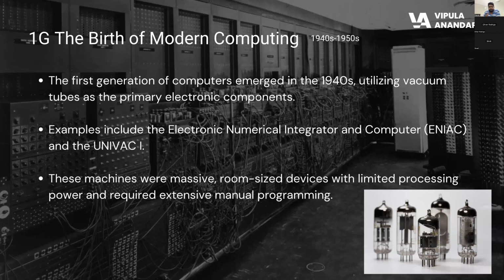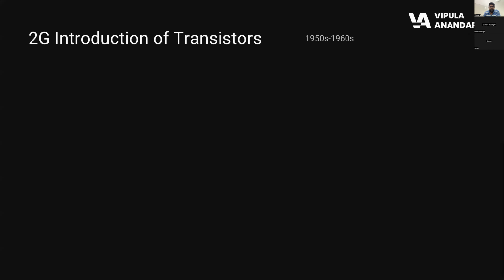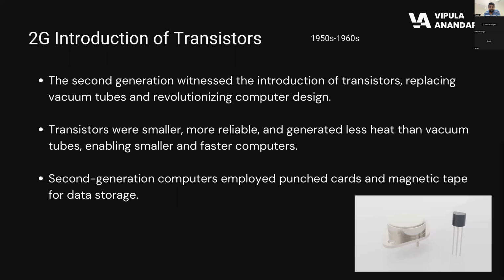You were able to select a set of conditions, and when you run the conditions, it will automatically process it and give you an output. But when transistors were introduced in the second generation computers, scientists were able to use a thing called a punch card, and, as we know, magnetic tape for data storage, where we were able to actually save some data.